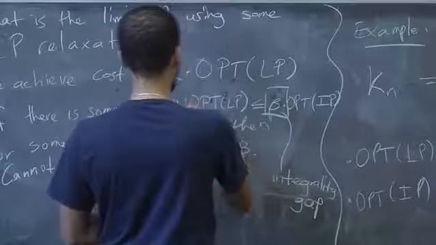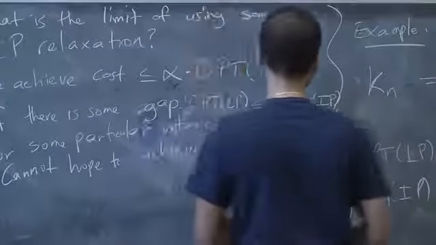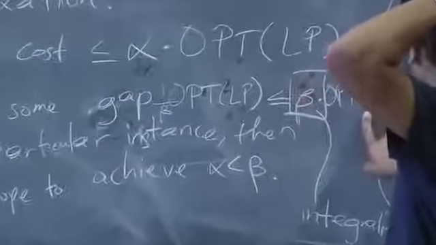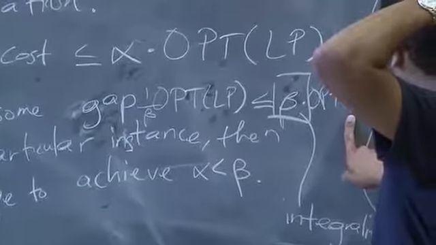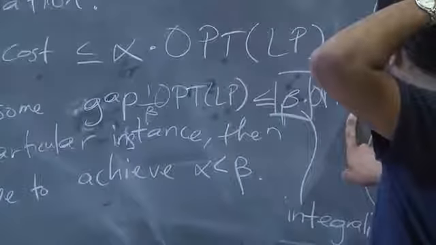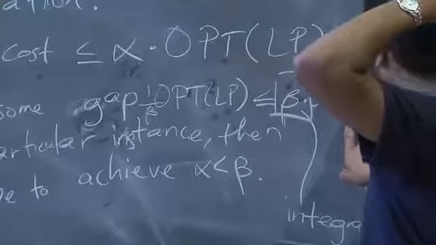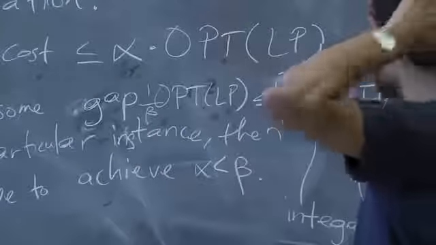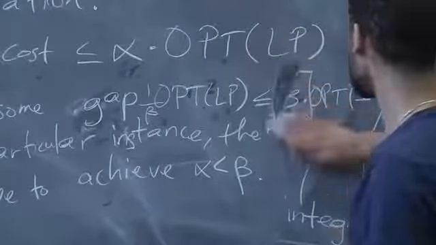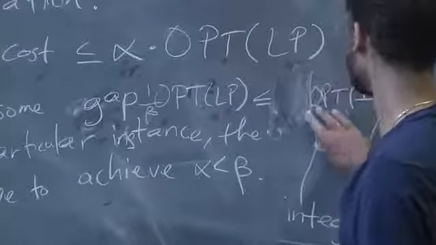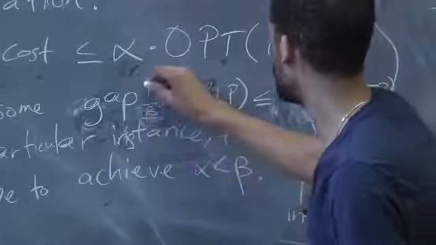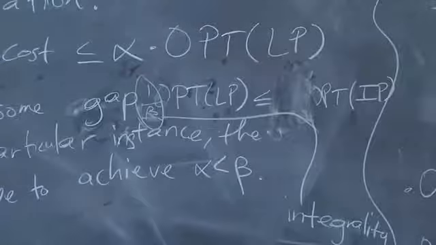Right. Yeah, okay. So let me just think. So here, if the LP is 1, the IP is 2. Oh, yeah, okay. So this beta is actually a half. Yeah, okay. Good. So this 1 over beta is what I was calling the integrality gap. Okay. Very good. Yeah, thanks.